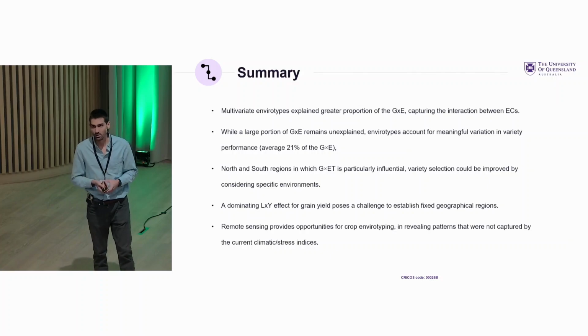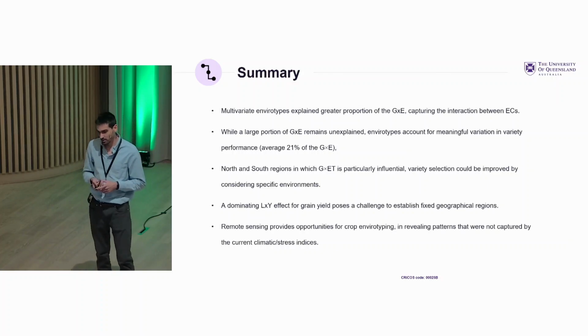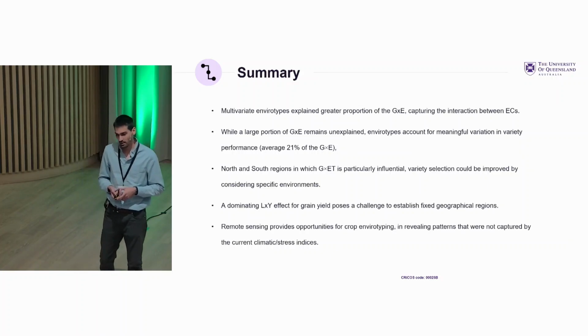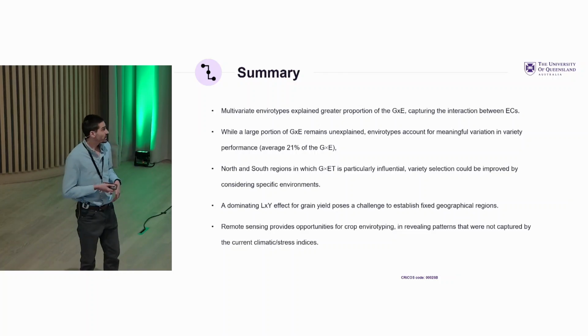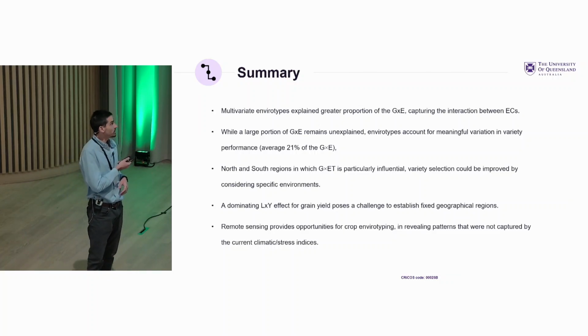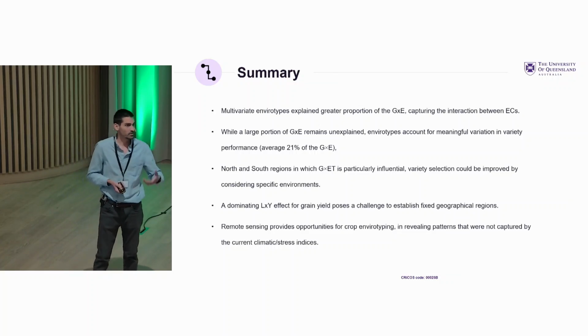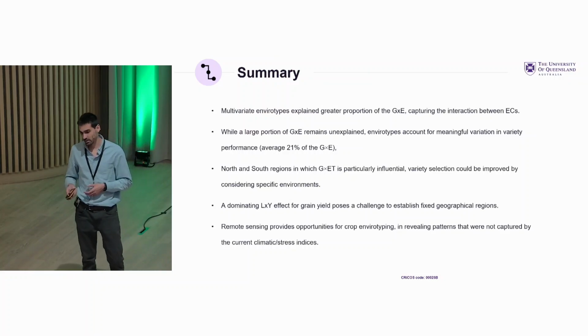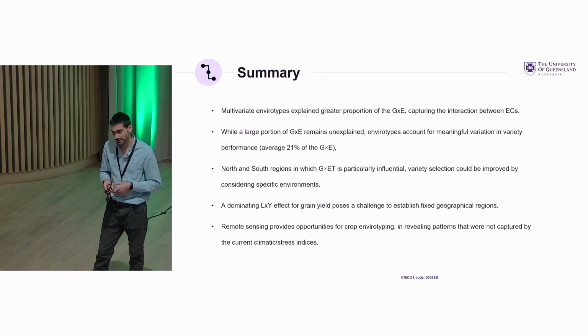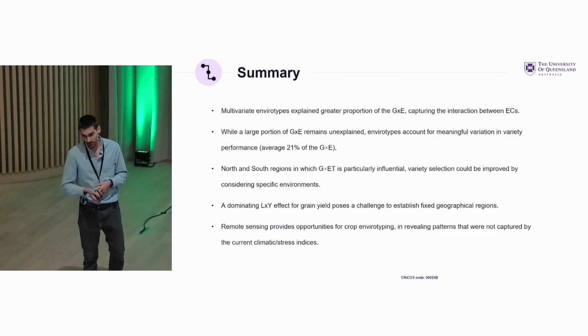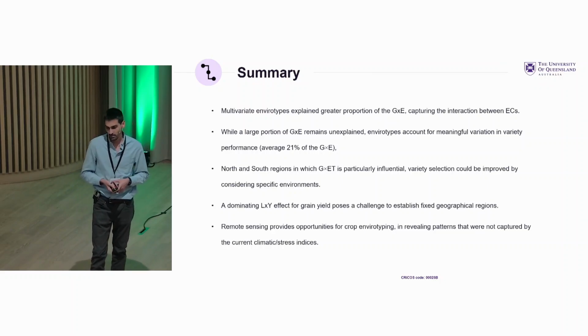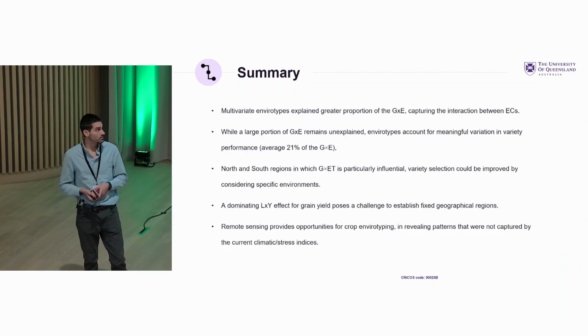From there, you can even include the ECs within them. The North and South regions were the ones where G by E was particularly influential, so in these regions it's potentially more useful to use the envirotype for selection of varieties. And the dominating effect of the L by Y is the remaining challenge for these fixed regions.